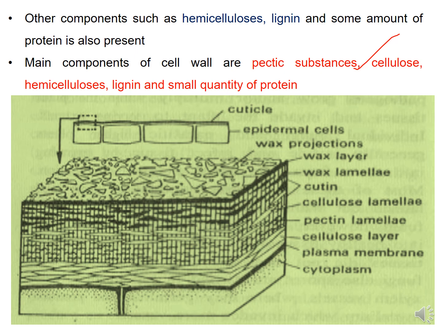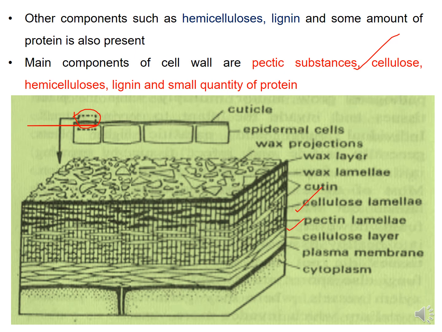You can see the cell wall structure. This is just a cross section I have shown here. First one is the cuticle, and the wax layer used to be embedded in the cuticle. Then wax lamella and cutin, cellulose lamella and pectin lamella. That pectin is present in the middle lamella.